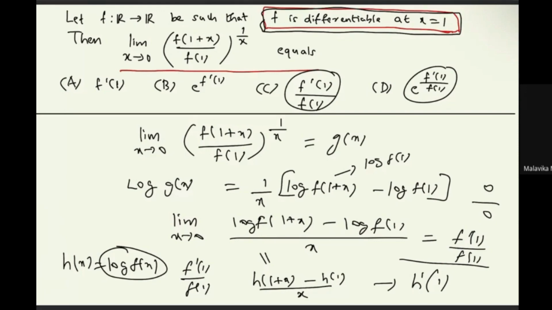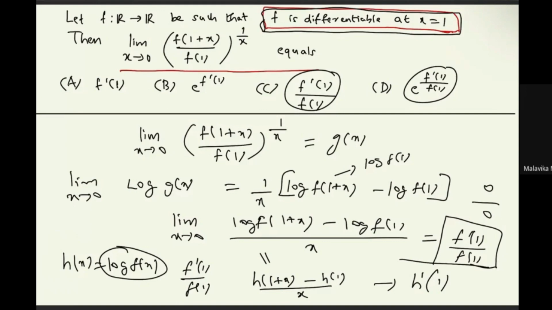So what will be the limit? Exactly. So sometimes what happens is that we forget that, because maybe we are calculating it for 3 to 5 minutes, and then we forget to take anti-log or exponential.